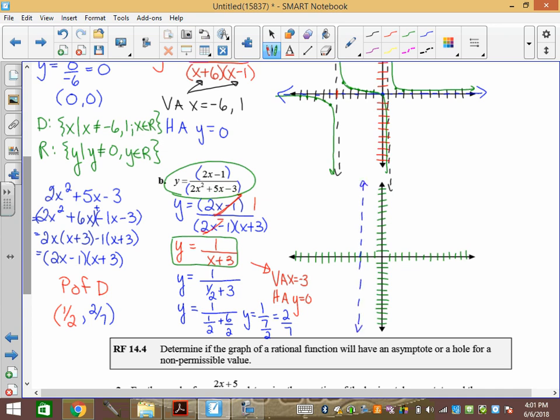I know I have a horizontal asymptote at y equals 0, which is the x-axis, because the equation of the x-axis is y equals 0. And I know I have a point of discontinuity at a half and 2 divided by 7. 2 divided by 7 is approximately 0.29. So I know at a half and 0.29, I'm going to end up with an open dot, which is kind of hard to draw. So there's an open blue dot there.